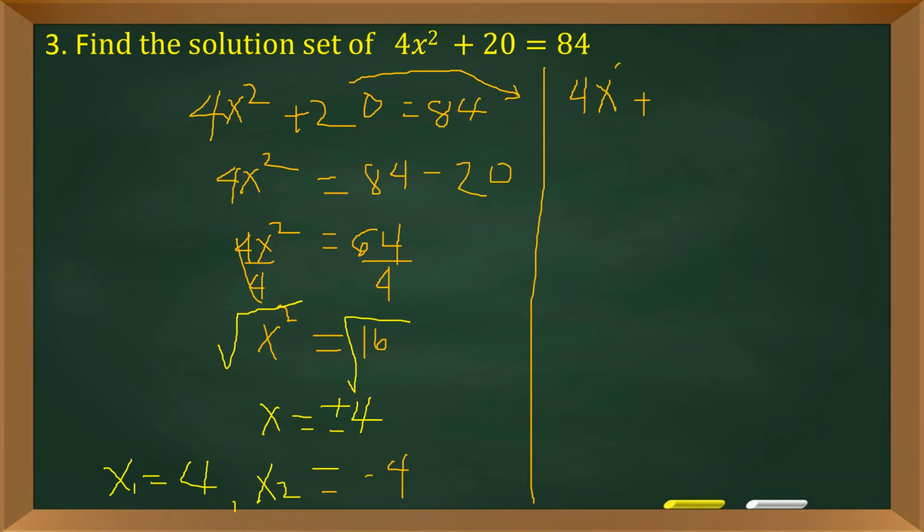So, ayusin lang natin. 4x squared plus 20 is equal to 84. So, ito yung original equation natin. Dito tayo kukuha ng checking. So, 4. Ang unang x natin ay 4. So, 4x squared. Therefore, 4 squared plus 20 is equal to 84.